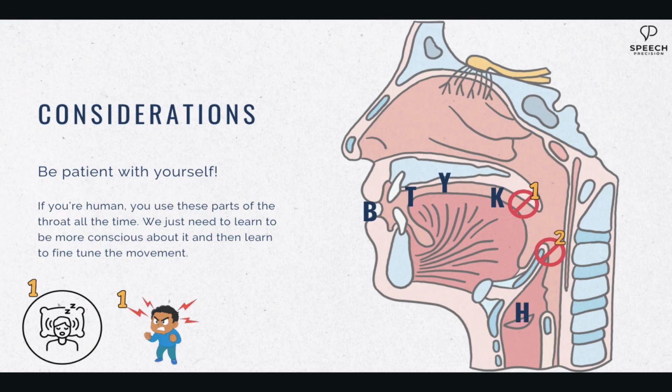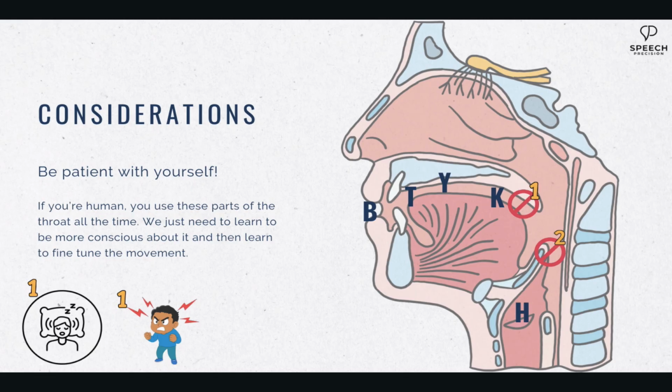Another sound that we make from the upper part of the throat is if you're frustrated or upset, you might do like a... Everyone might make a slightly different sound, but you might make a sound that comes from the upper part of the throat. Are these sounds going to sound exactly like our kha and our ghain? No, but at least we know that we can move these parts of our throat.